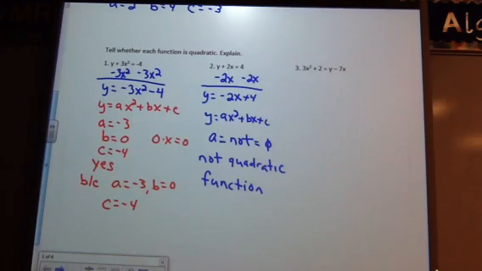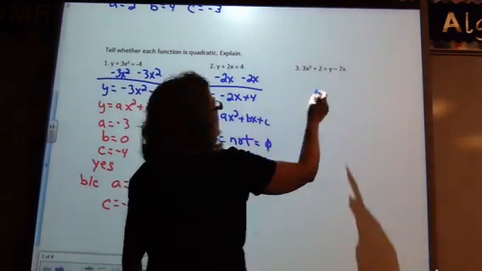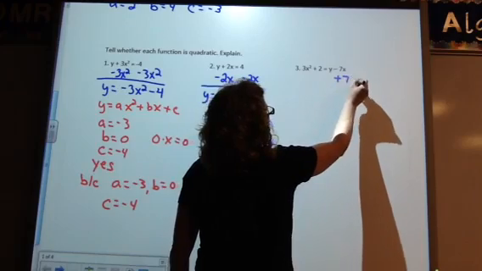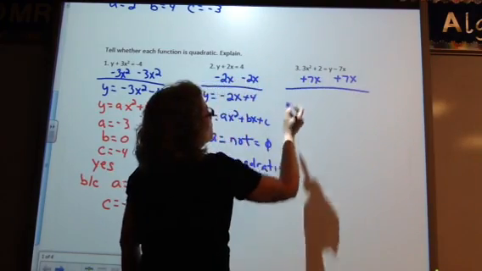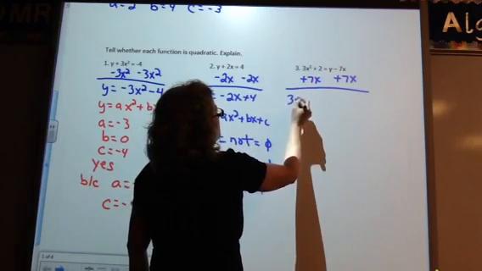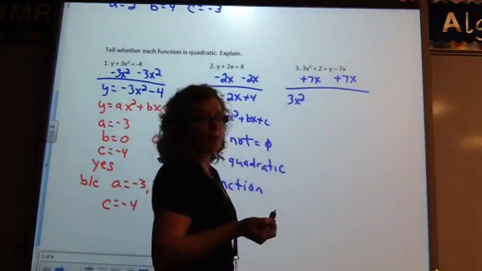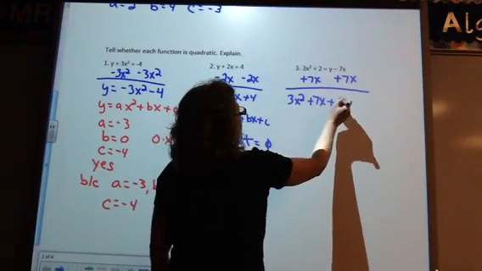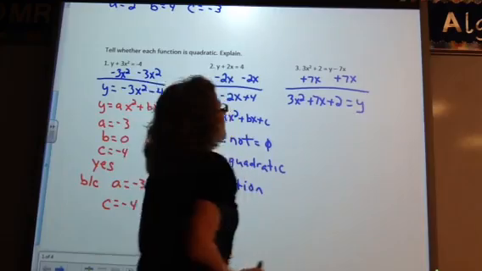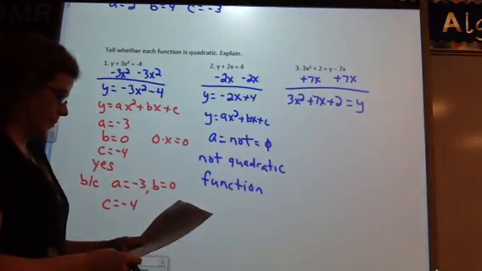Alright, let's look at number 3 there. Is our variable y isolated? No, so let's do that. In order to do that, we're going to add 7x to both sides. Okay, so I have 3x squared. I cannot add 7x to that because they're not like terms. And then my 7x and my +2. And on my right side, I have y.